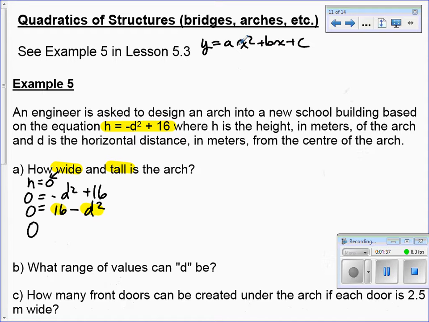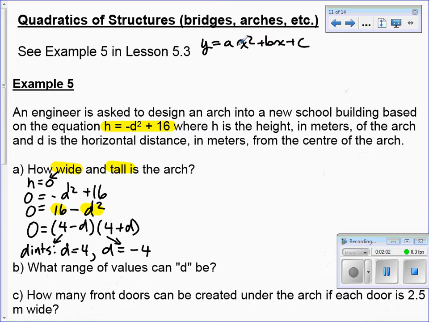Based on that, I should be able to factor this because I have a difference of squares. So we're going to get something like this for our answer. Solving the long way, your d-intercepts are going to be d equals 4 and d equals negative 4.